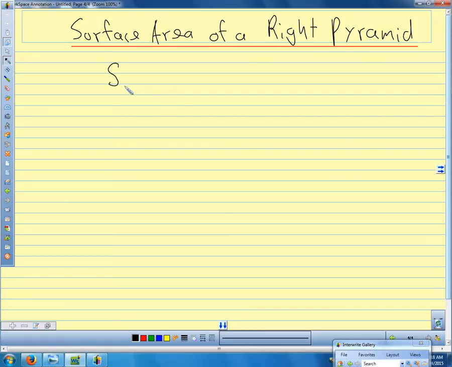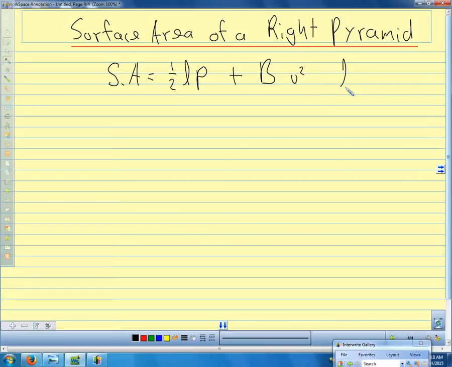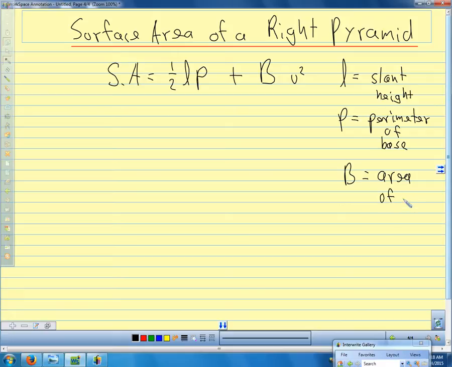The surface area, SA, equals 1/2 LP plus B. L is the slant height, P equals the perimeter of the base, just like our formula for the surface area of a prism, and B equals the area of the base.